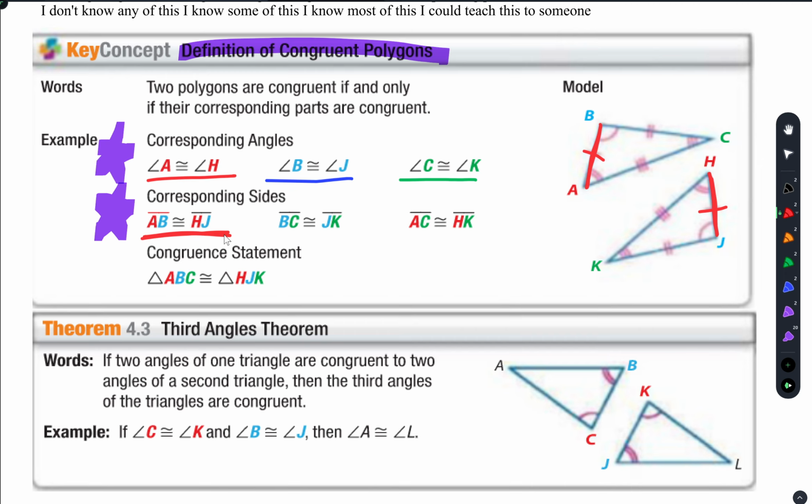Do you see what I'm saying here? I could not say AB congruent to JH because that is backwards. J is my one tick mark angle where A is my two tick mark angle. So these things line up. The order matters here.